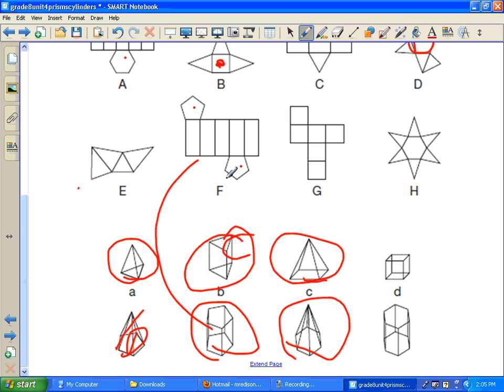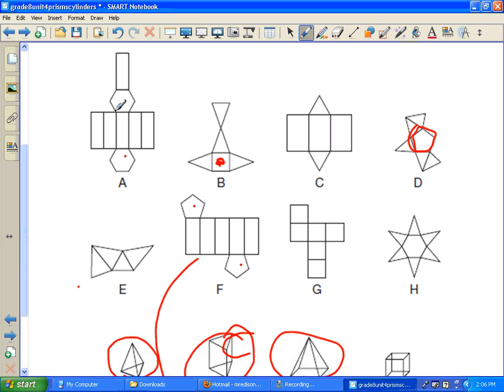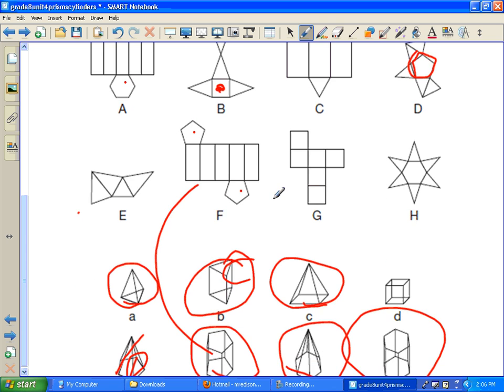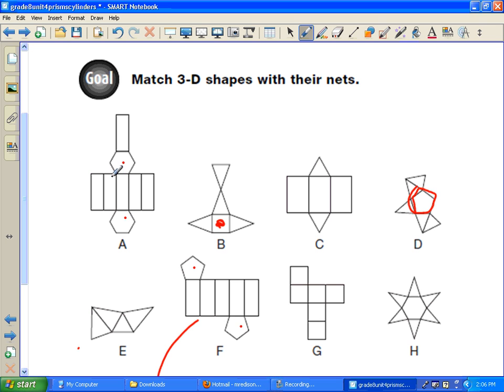So there it is. And this last one right here, we're going to have a hexagon for a base and also for the top, and then 6 rectangular sides. And there it is, a hexagon for the base and the top, and then 6 sides attached. So that's the easiest way to identify and to name what your prism is: look for the base, and then the rest of them will be the sides of your prism.